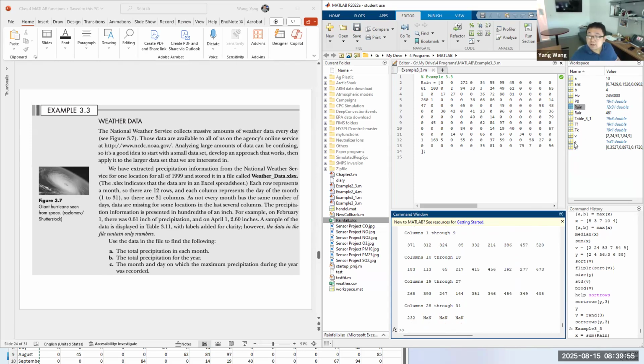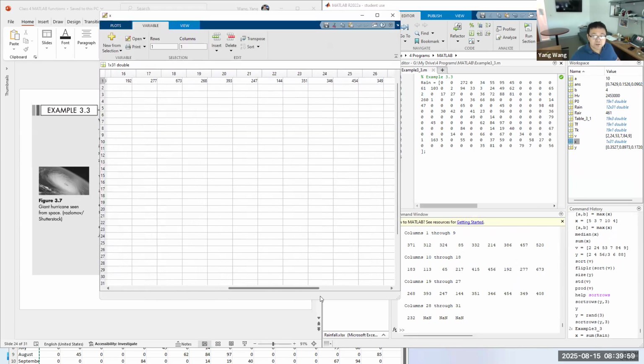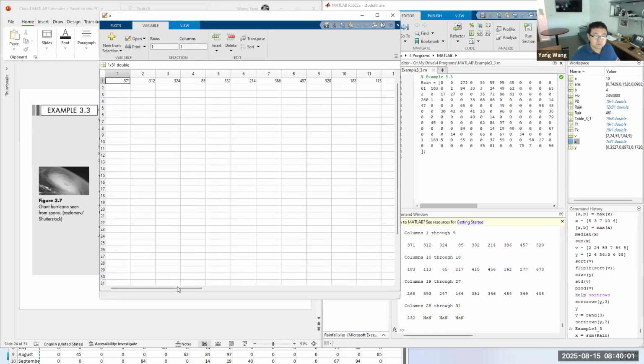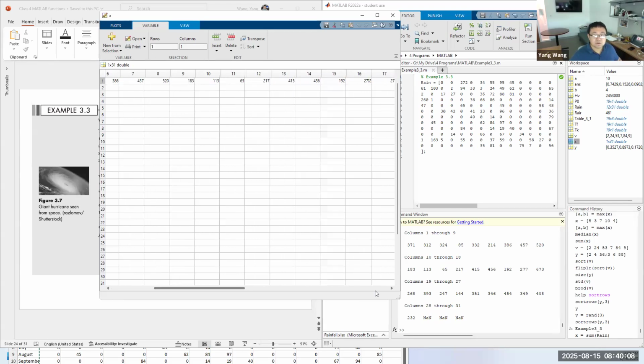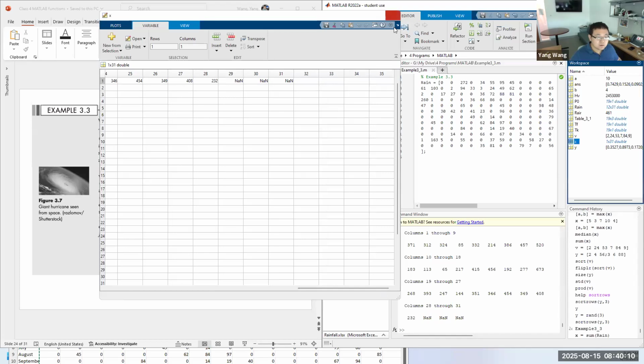Okay, so if you check the x value, it is doing the summation of each column, right? We want the summation to be in the horizontal direction, not the vertical direction, because now it's going all the way to 31.